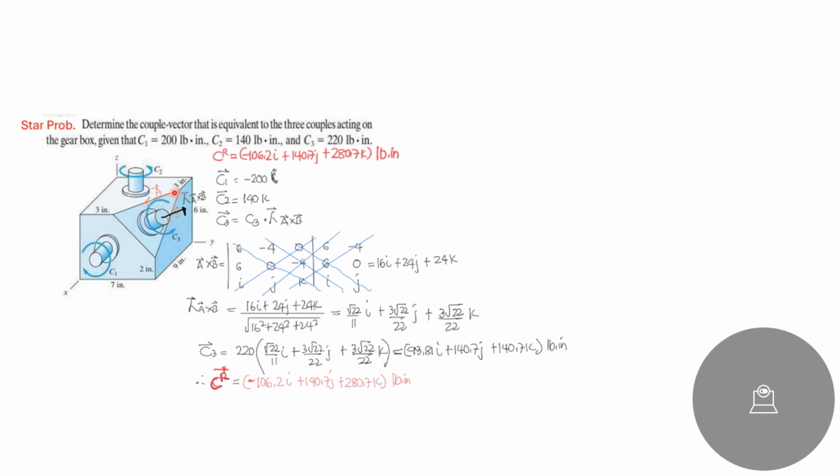So first, let's define A cross B. AB is along X, it's forward, and it is 9 inches minus 3, so that's positive 6i. No movement along Z, but there's movement along Y to the left, and that is 7 minus 3, so 4 inches to the left, negative 4j.